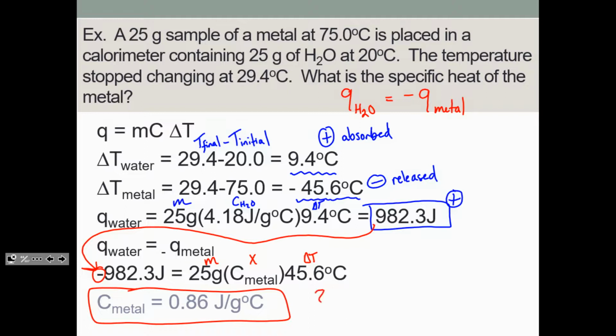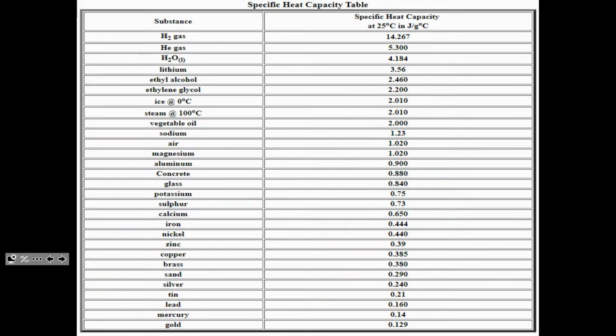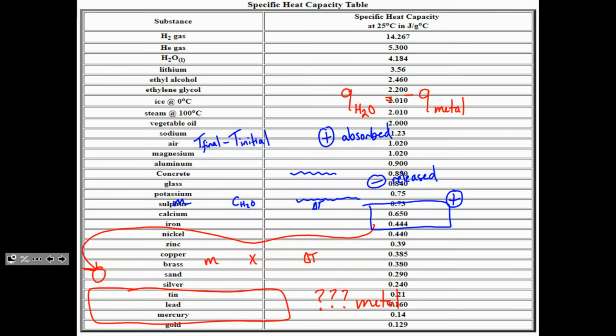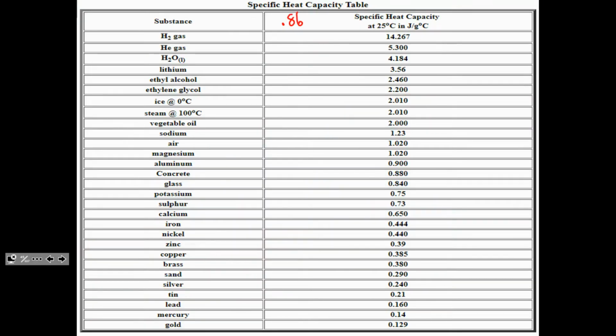Now, we still don't know what the metal is, so we're going to take this value and actually compare it to a table of reference values. So 0.86 joules per gram Celsius, and we're going to look and see if we can match this up. So if I had to guess, 0.88 and 0.84.